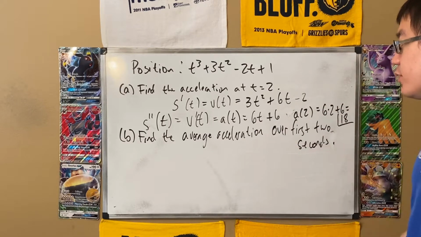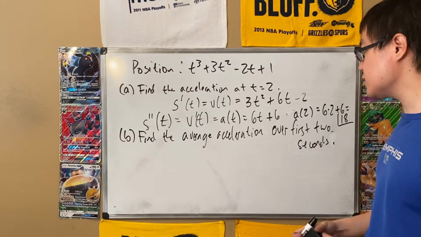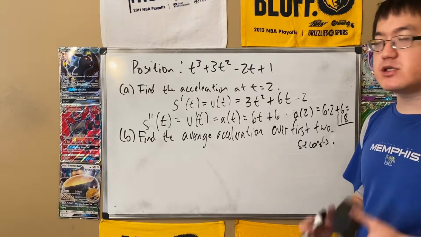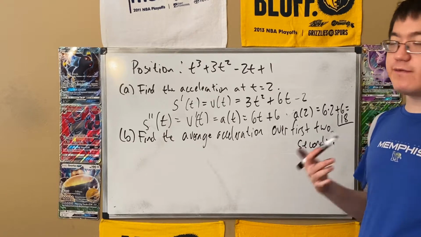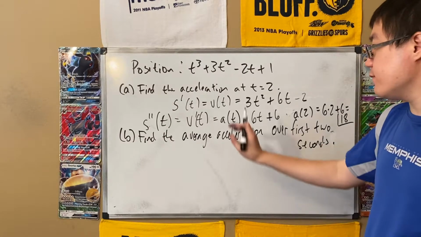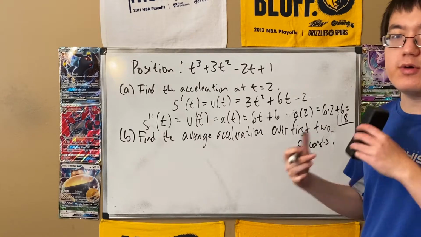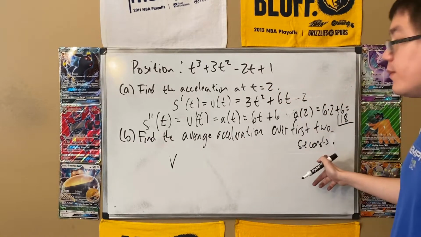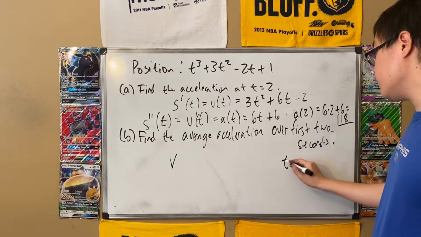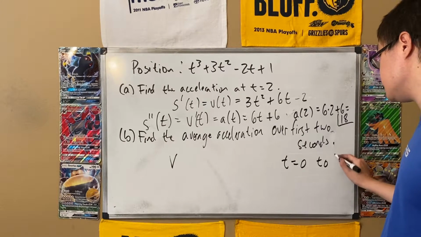But let's see the difference between acceleration versus average acceleration. So for average acceleration, remember it's not calculus slope because it's the average rate of change of velocity. So what we want to do, instead of doing calculus slope here, we're just going to do algebra slope of v. So it's going to be v of what 2 points? Well, remember first 2 seconds means that we want to go from 0 to t is equal to 2.